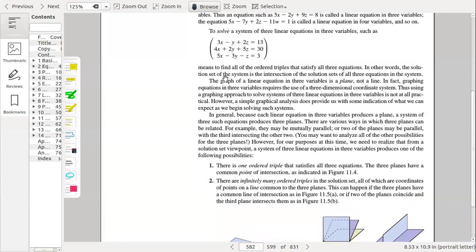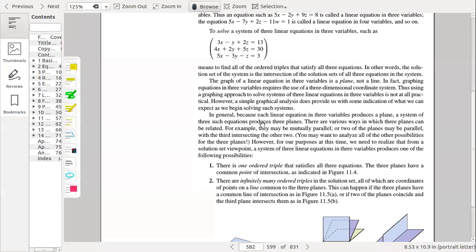So again, the graphical method is not appropriate for a system with more than two equations, but the graphical method is good for solving a system with only two equations.